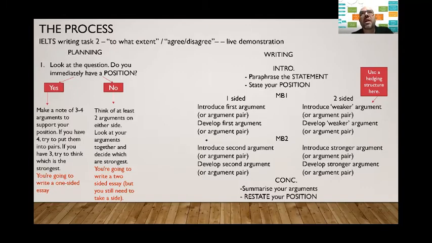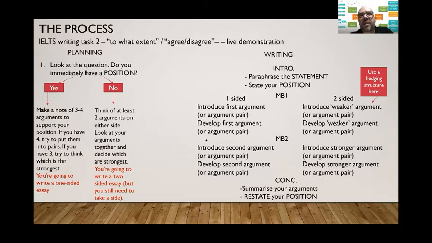And 5 minutes at the end to do some proofreading, go through, pick out mistakes, and think about areas. You may notice you've been repeating words a lot, so there's an opportunity to avoid repetition, change your phrasing and show off better paraphrasing as well. So 5 minutes to plan, 30 minutes to write, 5 minutes to proofread.